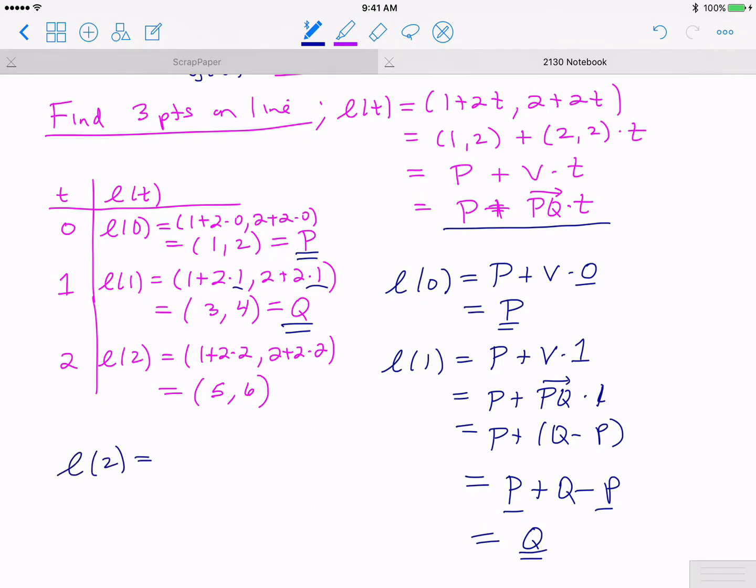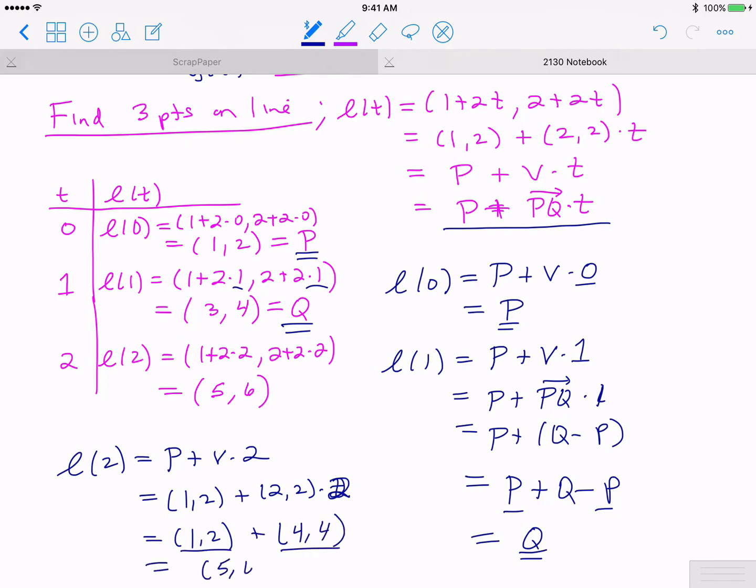L of 2 is the point p plus direction vector times 2, but our point was (1, 2), our direction vector was (2, 2) times t, and t is 2 in this case, so that would be (1, 2) plus (4, 4). Adding those 2 points together gives (5, 6), and you end up at the same place.